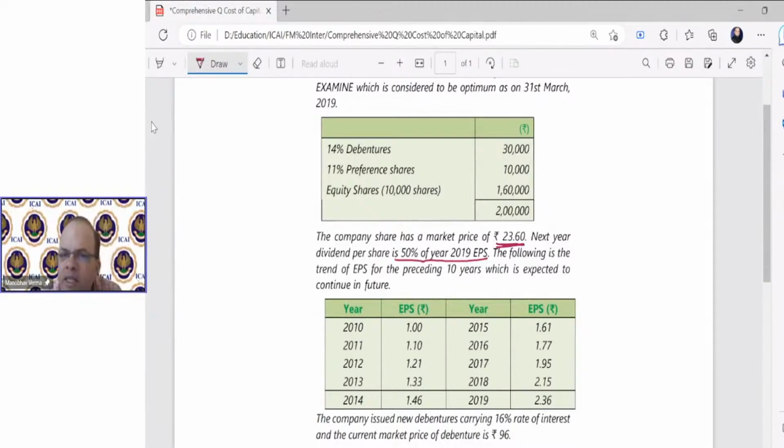Just why is this important for us? Following is the trend of EPS for the preceding 10 years. Why could this be important? Can anyone tell me?